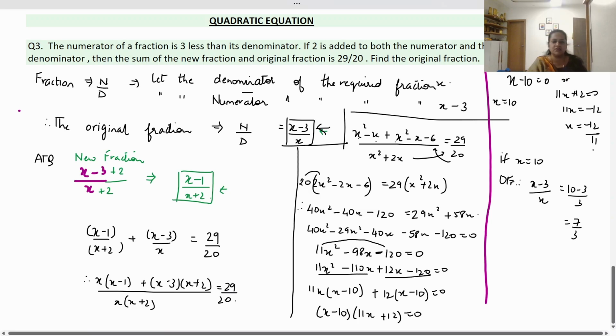Can we take x as minus 12 by 11? Yes, we can, because nowhere has any condition been given for the numerator and denominator. So we'll have to take the original fraction x minus 3 upon x, which is minus 12 upon 11 minus 3 upon minus 12 by 11.